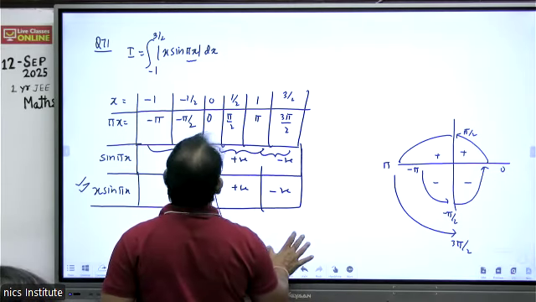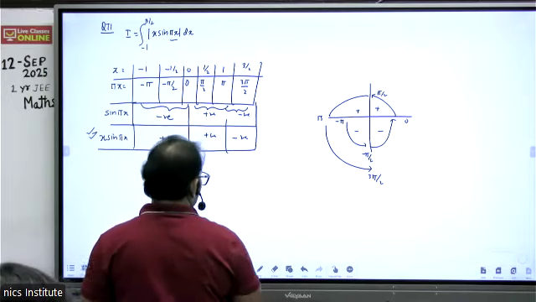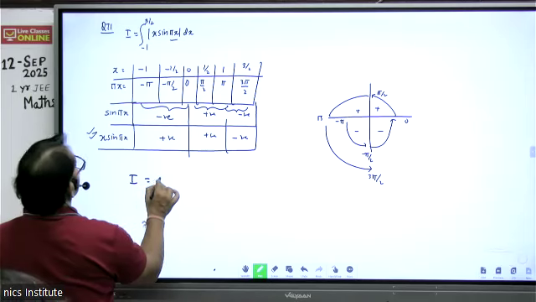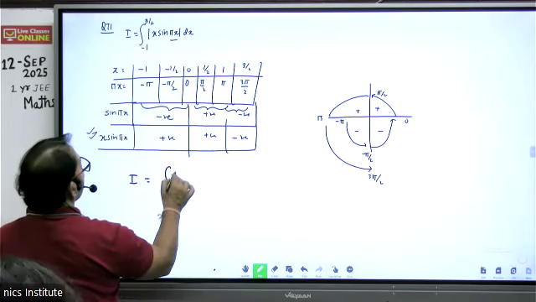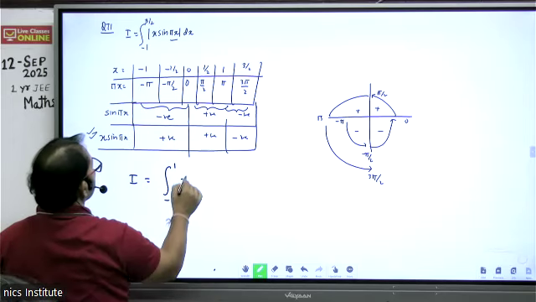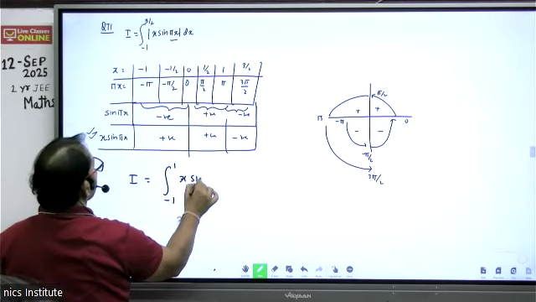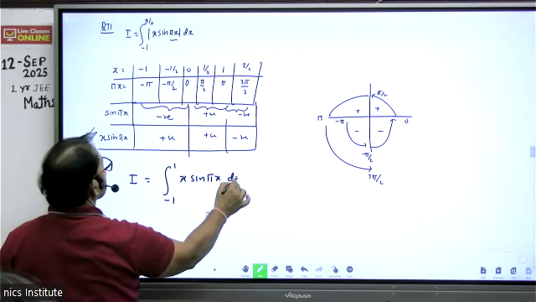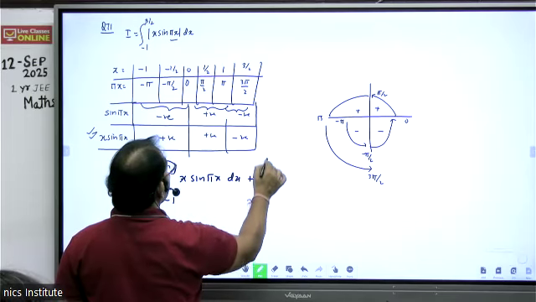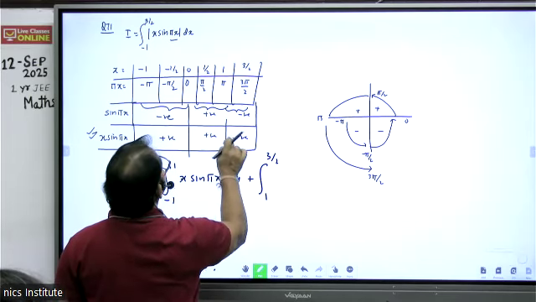So your limits will be, this is basically an entrance question. -1 to 1, it's positive. So it'll be x sin pi x. And then 1 to 3 by 2, it is negative.